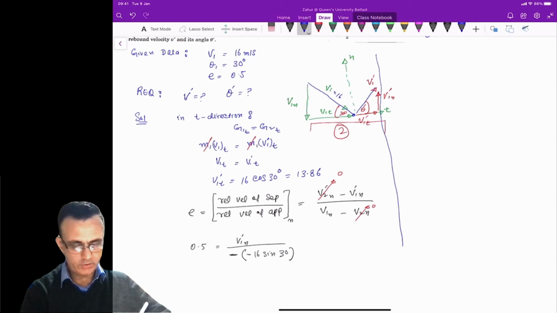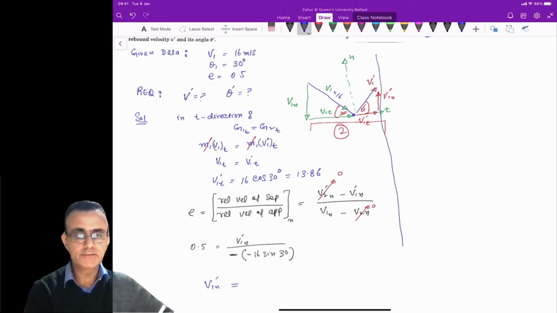Now from here you can calculate v1 dash n, which will be 4 meters per second.